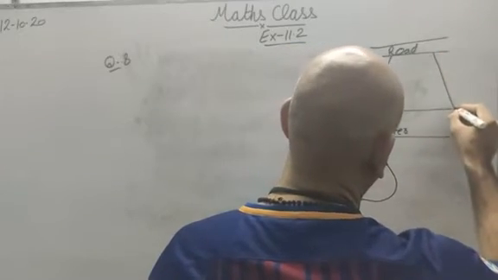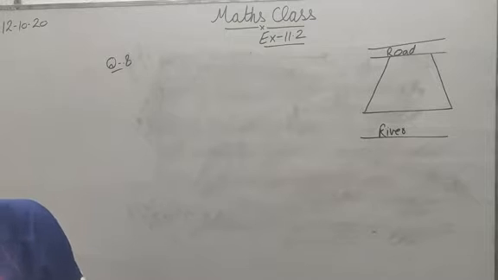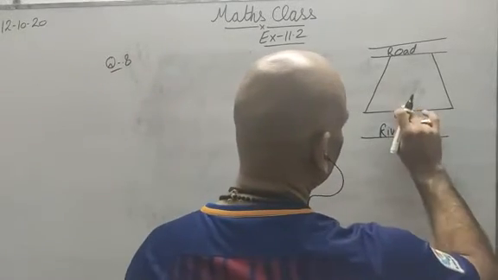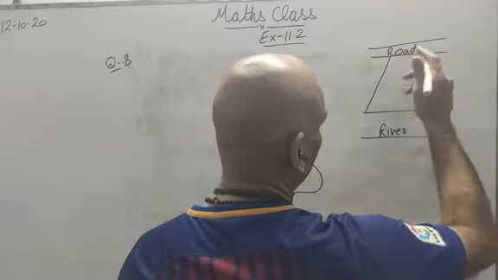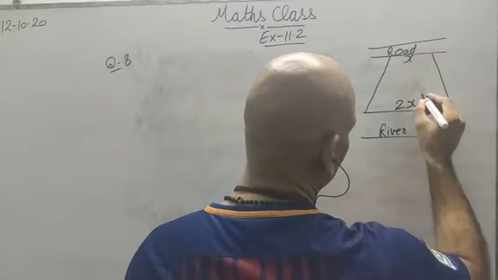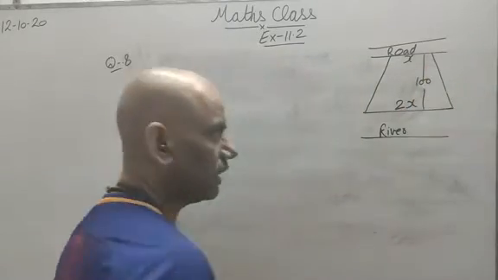The river side is twice the road side. This side is twice this side. So if this is x, this will be 2x, and the distance between them is 100, and the area is 10,500.